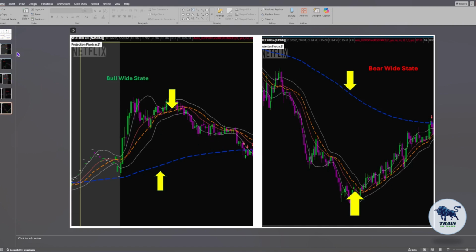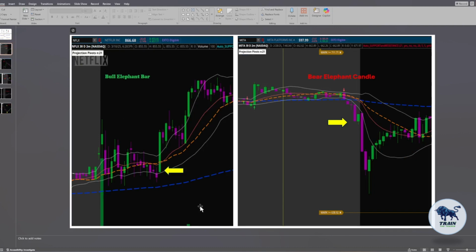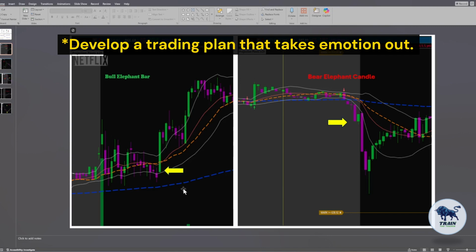So pay attention to these things. Start looking at charts a little bit differently. Try to spot your bull elephant bars, your bear elephant bars. Test yourself. Pull up a chart like we're going to do here. The reason why this is so important is because at the beginning of the video, I talked about taking emotion out of trading.